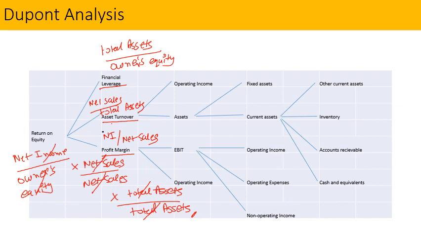Because assets can be traced down to current assets, which is basically liquidity ratio, helping in understanding liquidity ratio, and operating, which can be from profitability ratio. And asset turnover is itself an activity ratio. So this is how a Dupont analysis can be useful in analyzing a particular company.